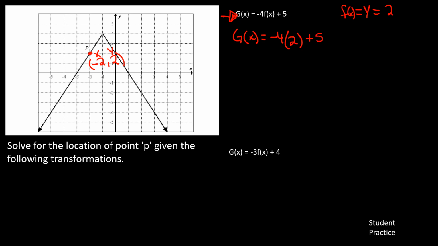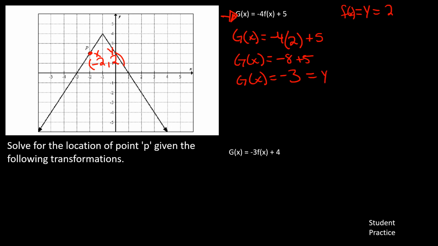We'll add 5. So then that means that g of x is equal to -8 plus 5. So g of x would be -3. So our final y value, this would be our new y value, is at -3.